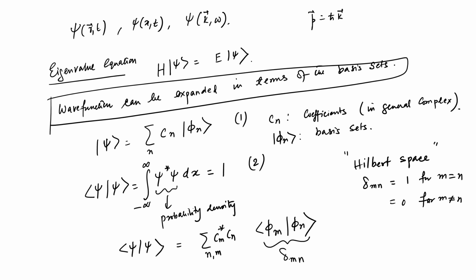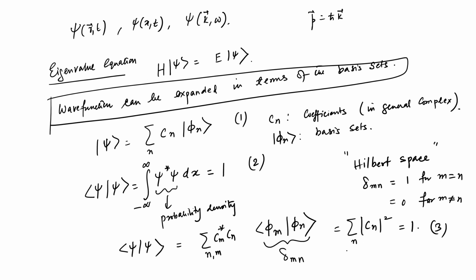If m is equal to n, then only it survives, and this becomes the sum over n of C n mod square, because m and n are the same. Otherwise, it is of course equal to 0, so it does not make sense to write this. And this is equal to 1, because that is what is obtained from 2. So, equation 3 says that the sum over n of C n square is equal to 1.